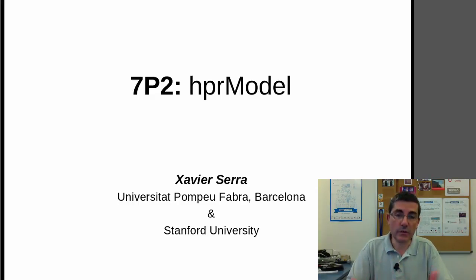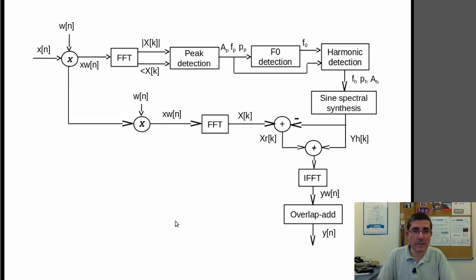And we're going to do it through the hprModel, the implementation of the model that we have within the SMS tools package. So basically we're going to be talking about this block diagram in which, from the input sound and all the analysis that we have already been talking about, the computing of the spectrum, detection of the peaks, in the case of the harmonic models, detection of the fundamental frequency and identification of the harmonics, then we are synthesizing these harmonics in the spectral domain.